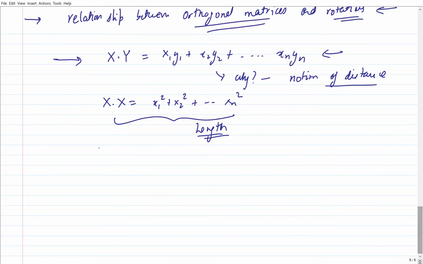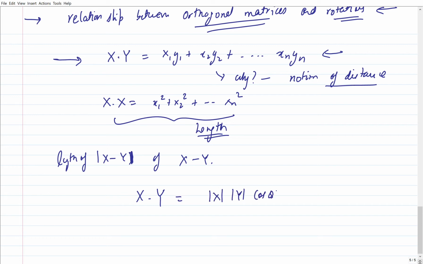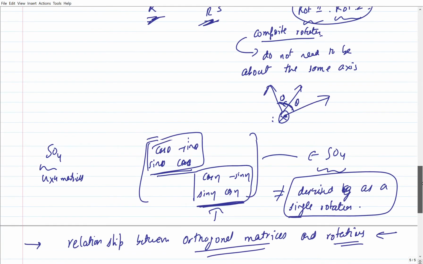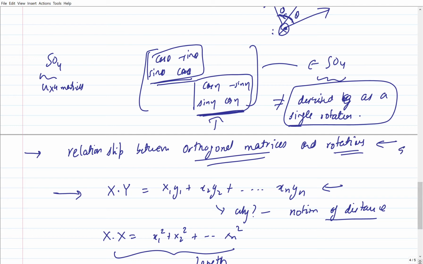You can also have a notion of the distance between two vectors, or the length of vector x minus vector y. And the other important property of the dot product is that the dot product of two vectors is nothing but the magnitude of x times the magnitude of y times the cosine of the angle between them. You can also prove this through geometry, the law of cosines or something. Just figure this out, not very hard. So these are the two properties of the dot product which are going to be useful for us.